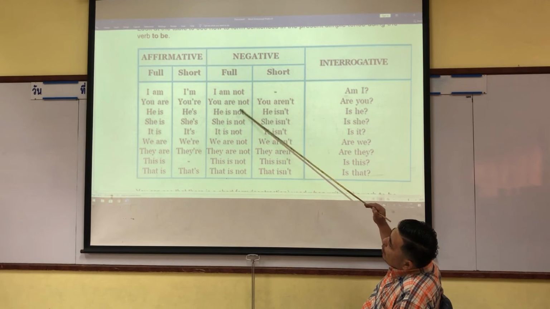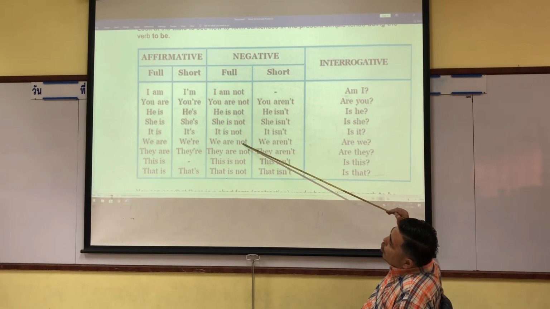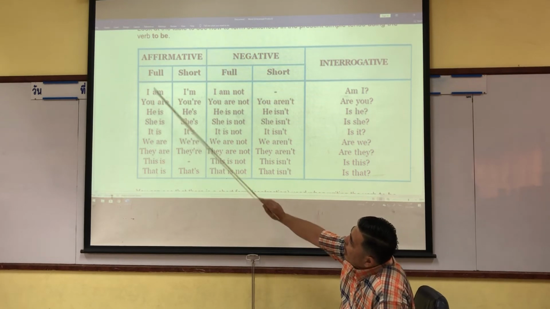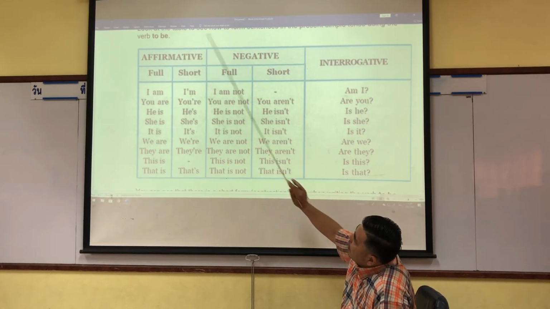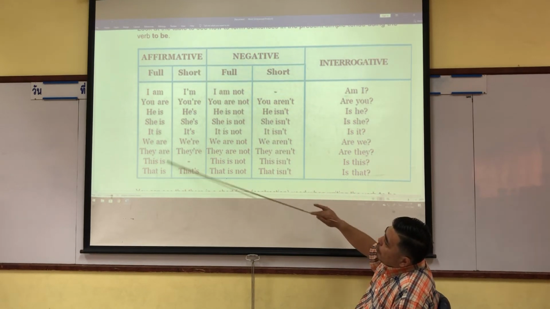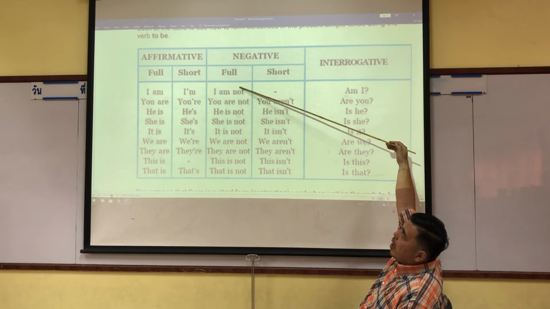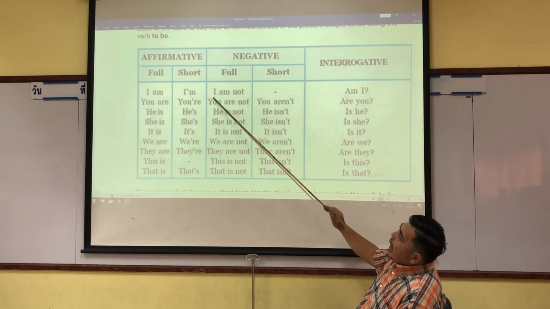We take out the vowel from not and we put in the apostrophe. So we can do that for all of the not. Okay? So let's read it. We have the positive, negative, and question. Positive, we have already covered. Now we're going to start again from the start with the negative.